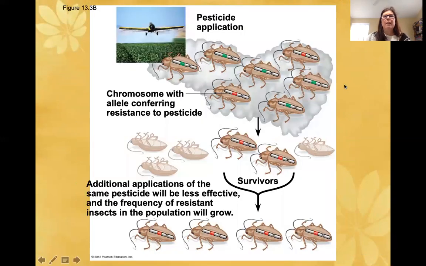So in this picture, we can see the green and the red are representing different alleles, right? The red alleles are the survivors. So those that have the red allele, or the red version of that gene, happen to survive the pesticide. So we're killing off all the green ones, and now we have all red left.